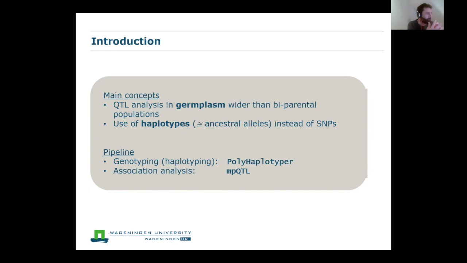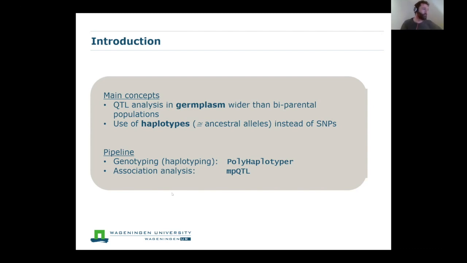The other main concept is that we wanted to use haplotypes, so ancestral alleles, instead of SNPs, or well, both of them. So to have the possibility to use biallelic SNP data and multi-allelic haplotype data if available.